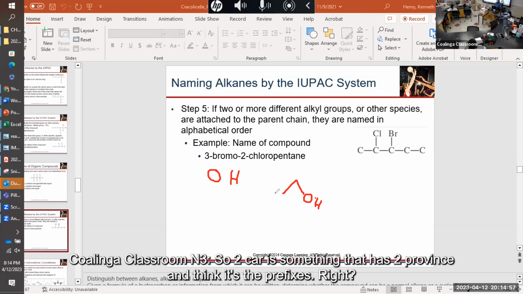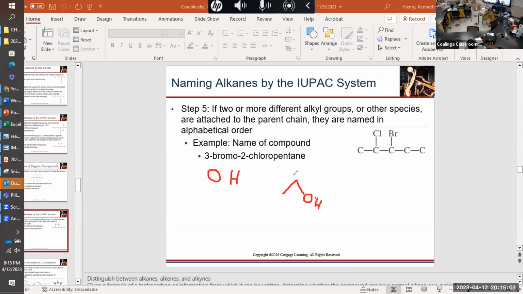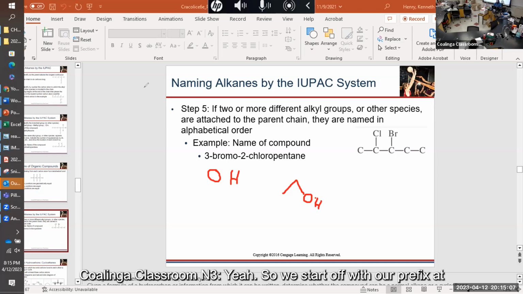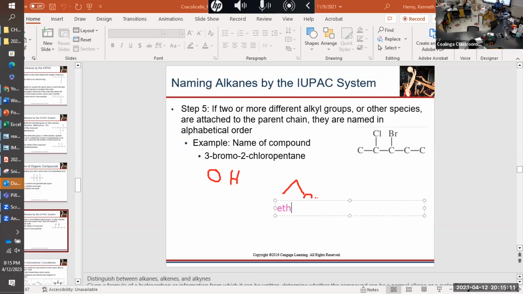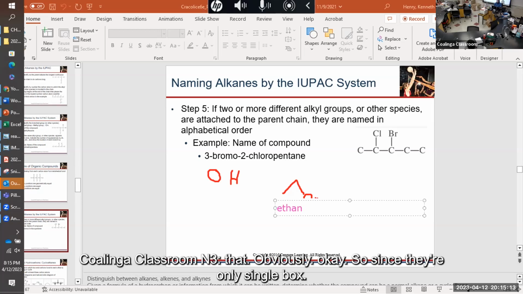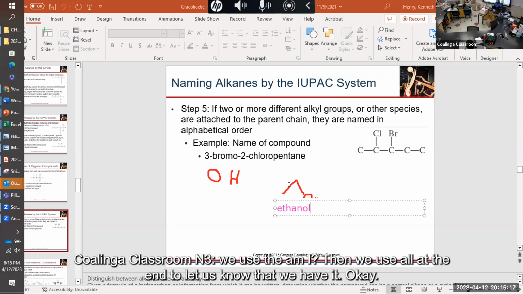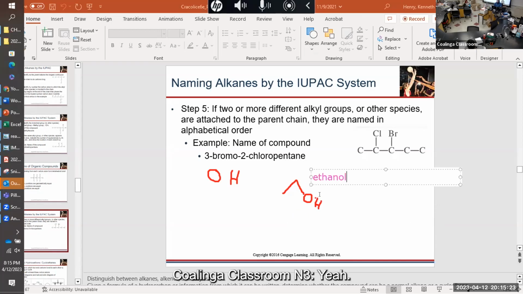So something that has two carbons in length, the prefix is what? Eth. So we start off with our prefix eth. Since they're only single bonds, we use the an, and then we use ol at the end to let us know that we have an OH, or hydroxy.